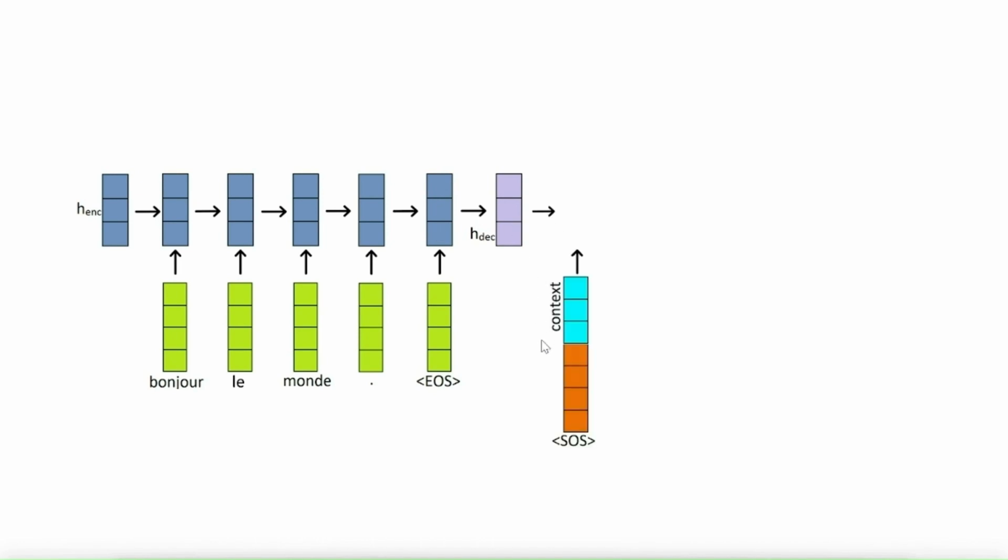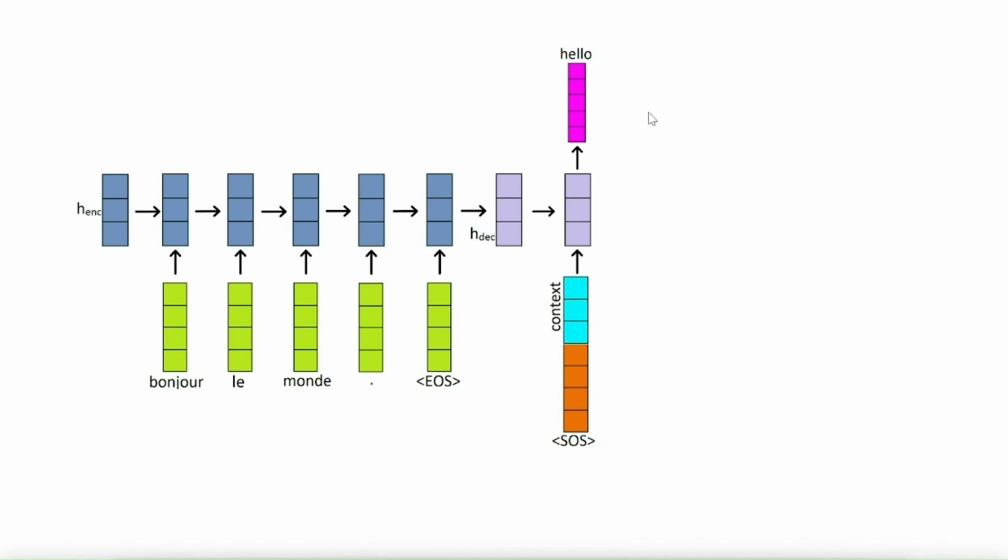And along with the concatenation of the embedding of the first target word, which is the start of sentence token, and the context vector that we have just derived, you'll get the new hidden state of the decoder. And again, you do a fully connected layer followed by a softmax to get this output vector.